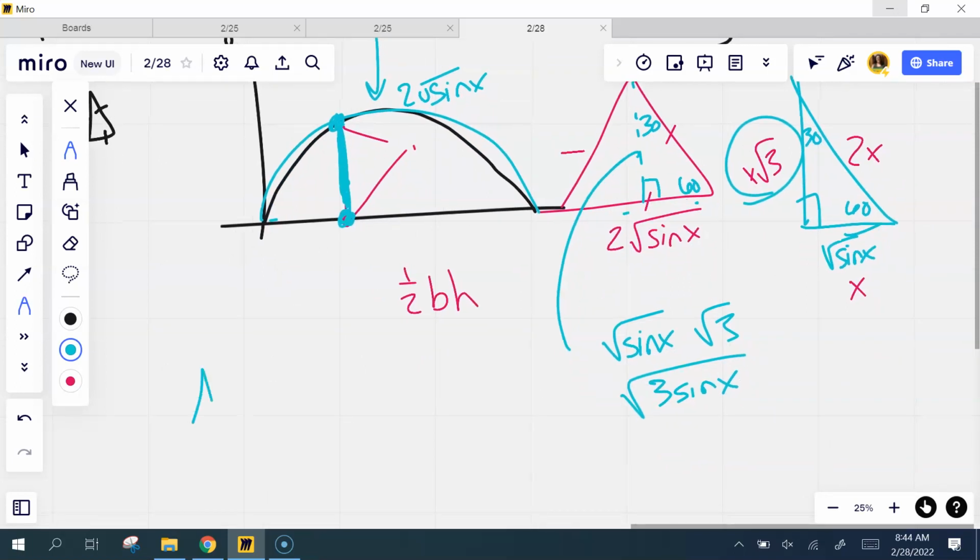So now the area of just one triangle would be 1/2 base, 2 root sine x, times height.